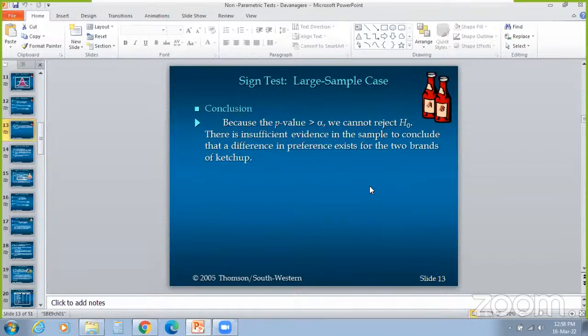Preference is a nominal variable. Wherever you have nominal variables regarding preferences or perceptions, those kinds of variables can be tested by using this type of test, the sign test.